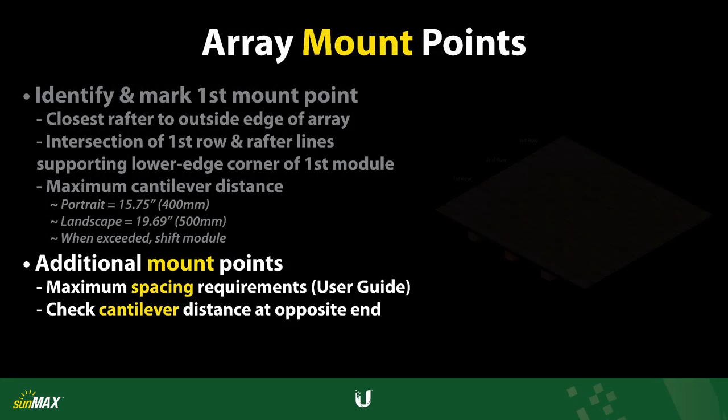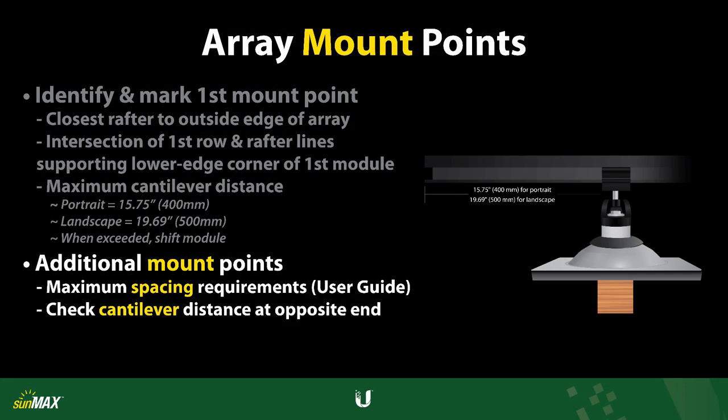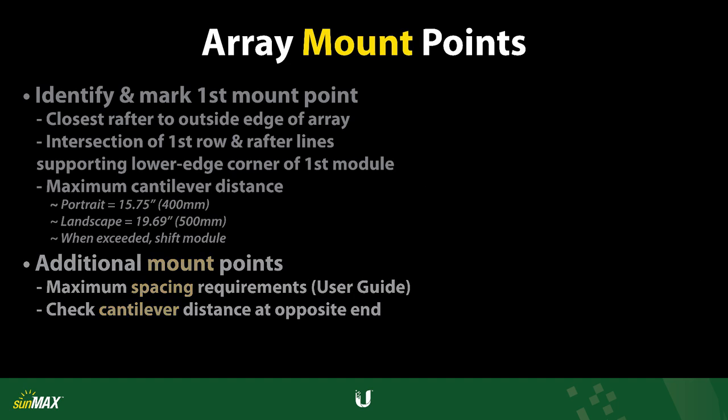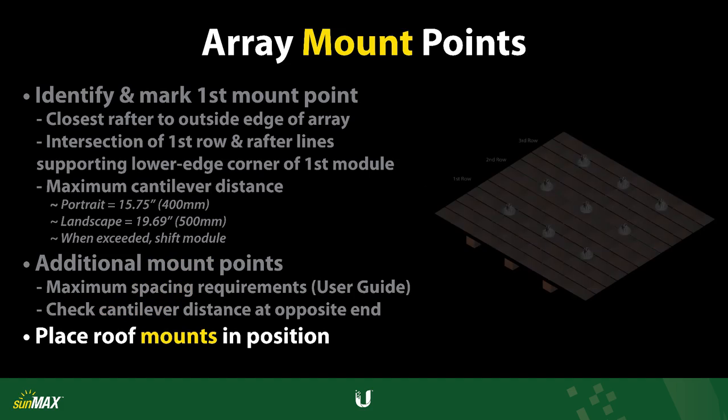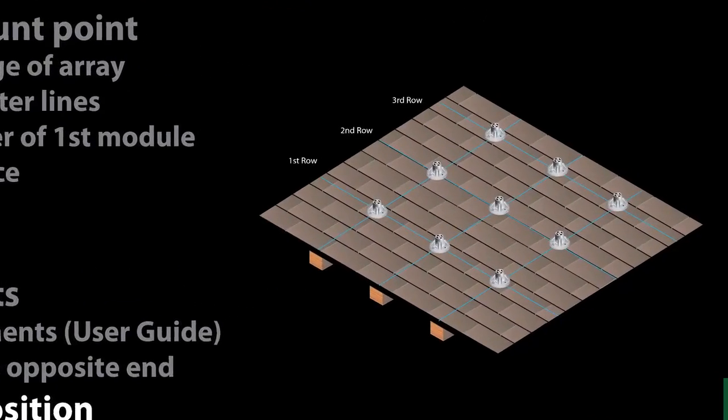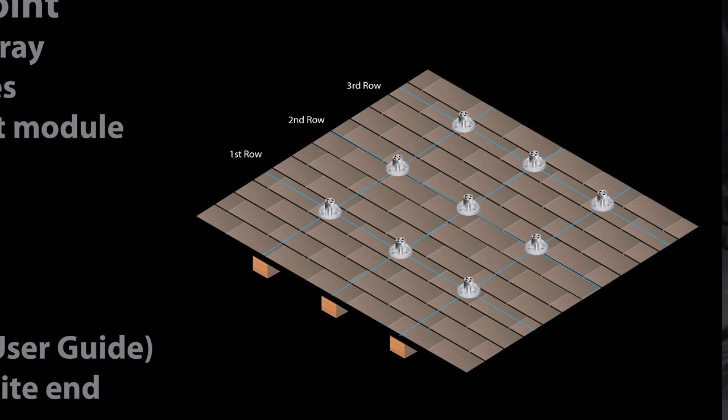Ensure that the cantilever distance has not been exceeded at any other locations in your array, including the opposite side from where you started. Finally, place roof mounts at line intersect points in position for roof penetration and flashing.